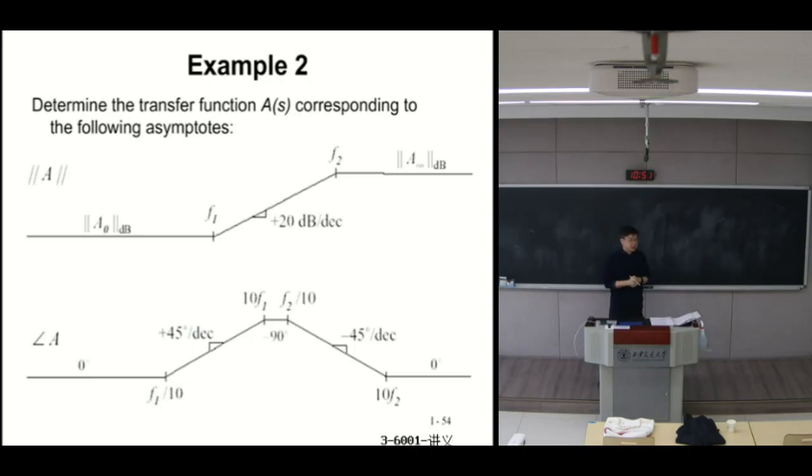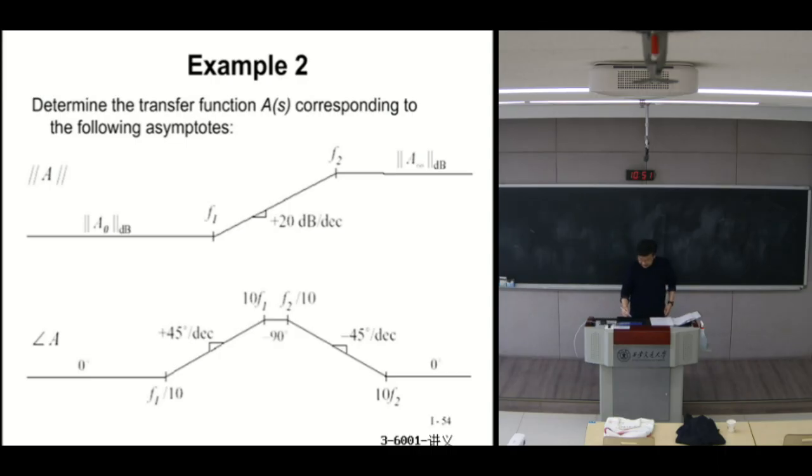If you know the Bode plot, and you can roughly approximate the Bode plot with a combination of straight lines, you are also able to transfer this Bode plot back to a mathematical representation, a polynomial representation with a set of poles and zeros. So you can write out the transfer function based on the Bode plot.